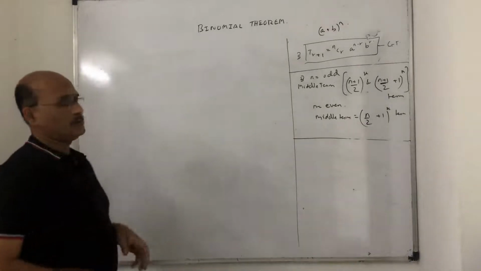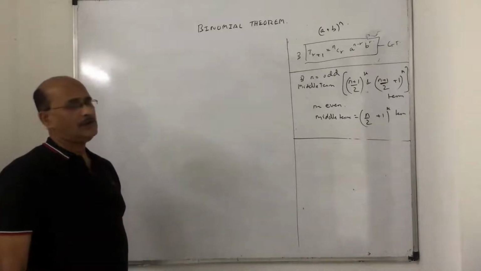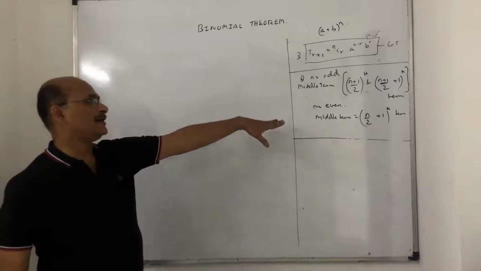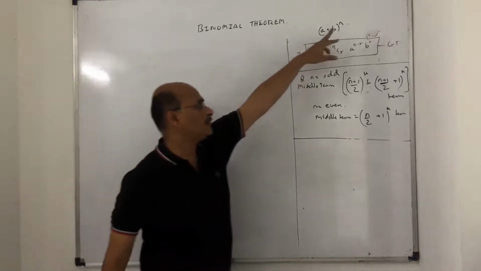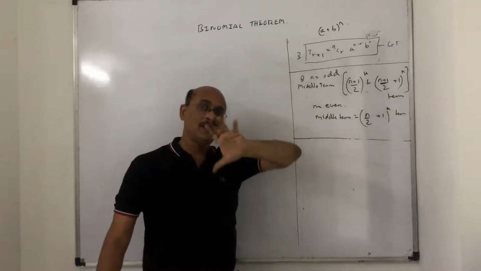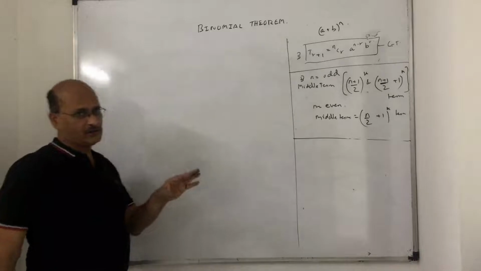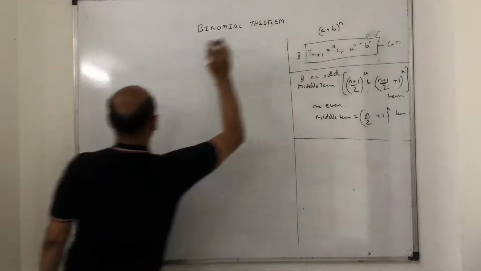Children, let us see the pattern of the sums now for the middle term. Now, I do understand you can learn the formula right away. When n stands for (a plus b) raised to n and n is odd, remember, after expansion there will be an even number of terms. So there will be no single middle term for an even number of terms. Understanding what the general term is talking about for (a plus b) raised to n, there are two cases.